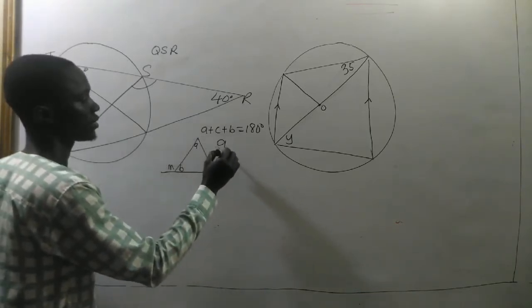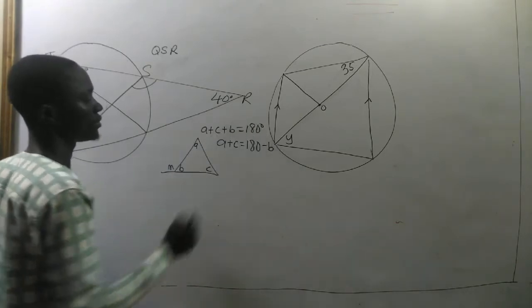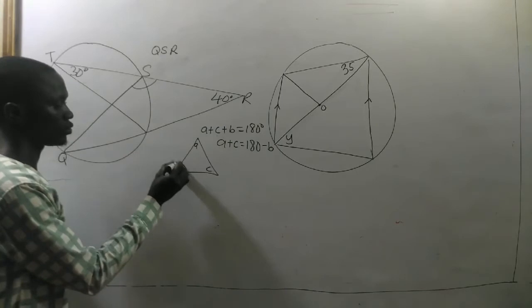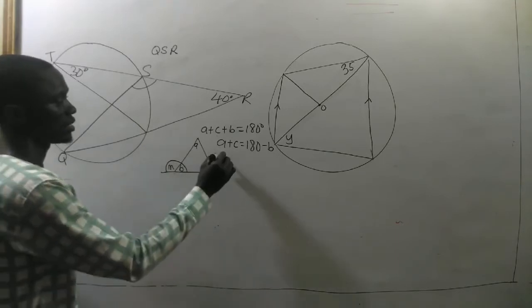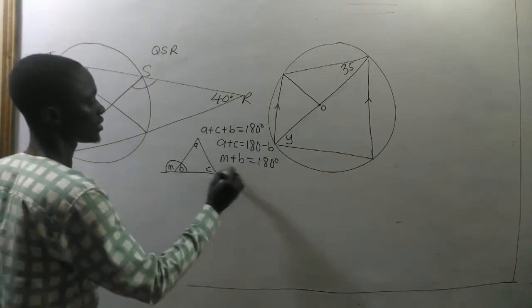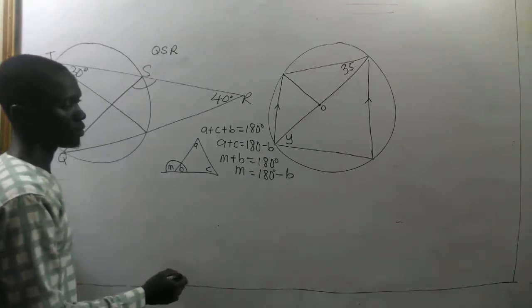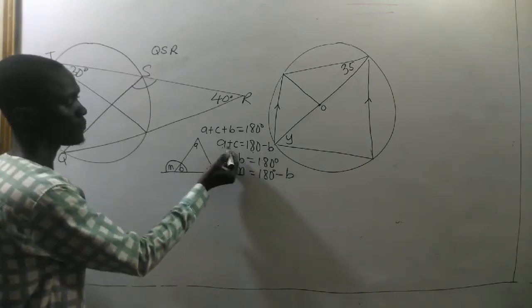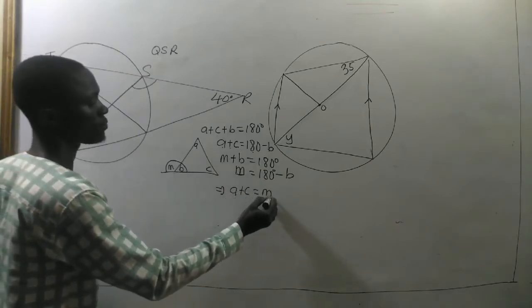You see that A plus C equals 180 minus B. Now let us take these two angles. They are angles at a point here. They are adjacent and they add up to 180. That is M plus B is also equal to 180 degrees. And if I make M the subject, I'll have 180 degrees minus B. If I take B from 180, I'll get M. If I take B from 180, I'll get A plus C. So this implies that A plus C is equal to M.